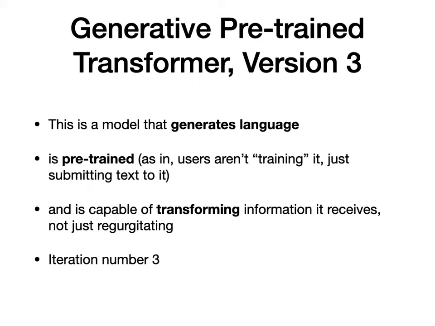We just submit text to it, and it can emit text back at us. It's capable of transforming information it receives, not just regurgitating things that had exact patterns that it's found. We'll talk about that in a second. And this is the third iteration. GPT-2 came out in 2018. They pretty quickly developed it into GPT-3. Things are expanding rapidly.